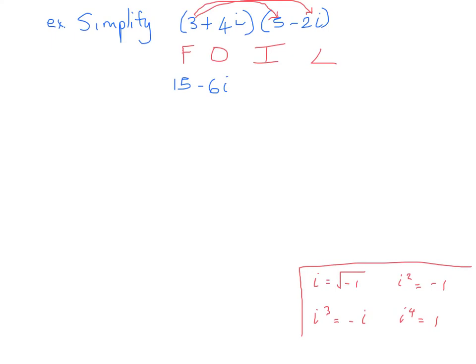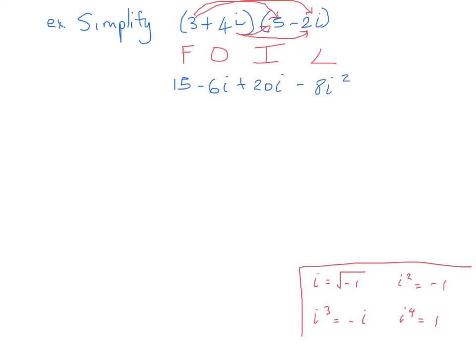Inner, those two terms, we get 4i times 5, which is 20i. And last, 4i times -2i, we get -8i squared.